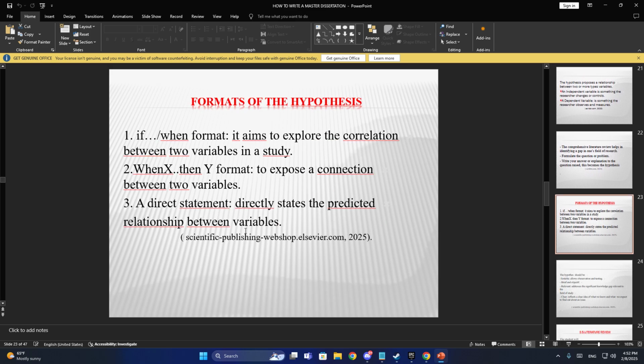The format of the hypothesis, of course, takes many forms. It depends on your variables, it depends on the topic you are discussing, whether in literature or in civilization. So here the student is free to choose which format to follow according to his topic, and according to the methodology he is following.